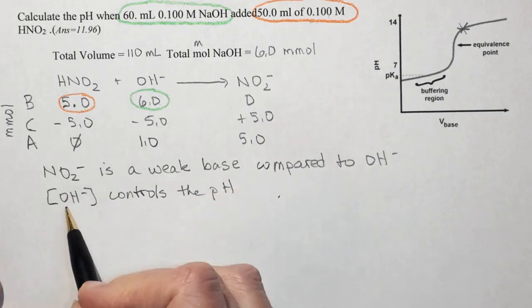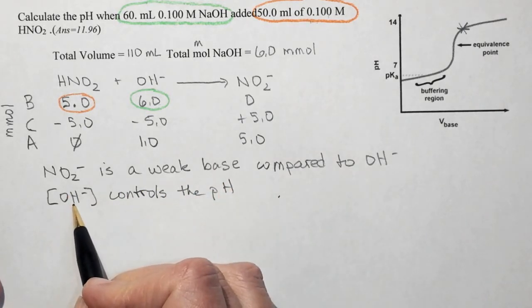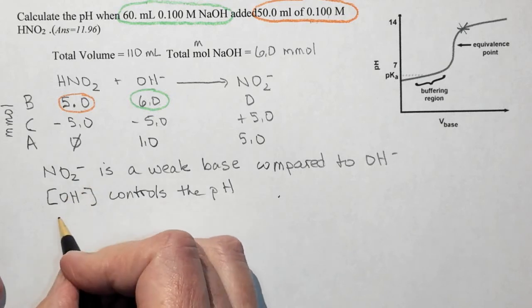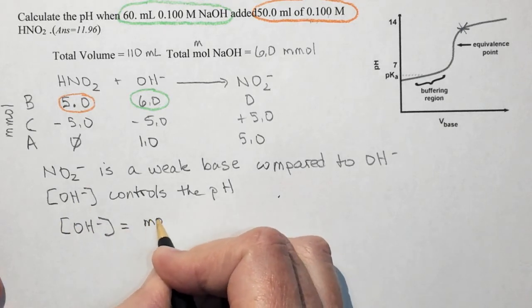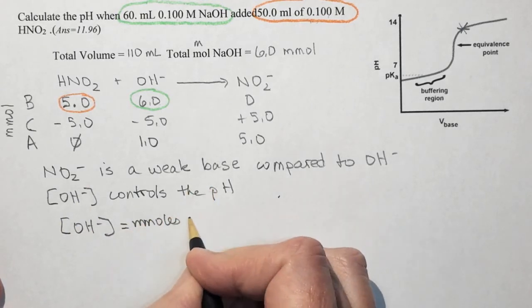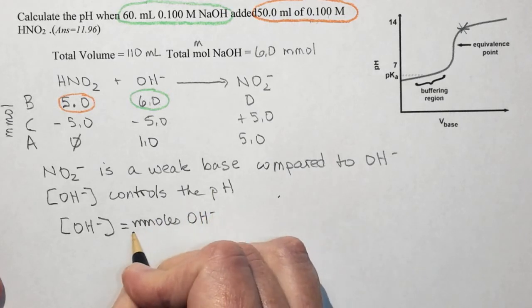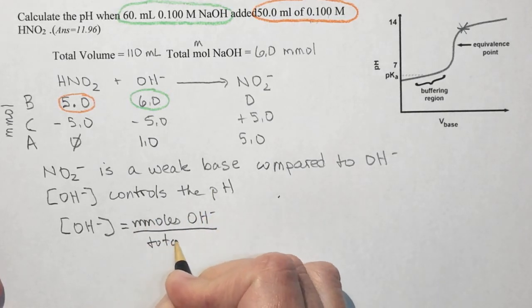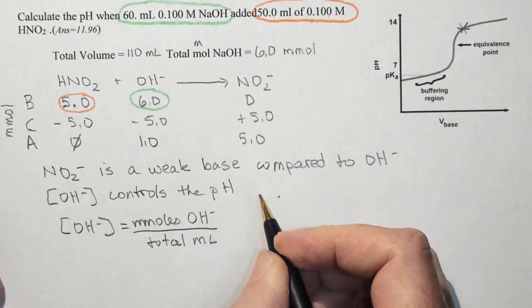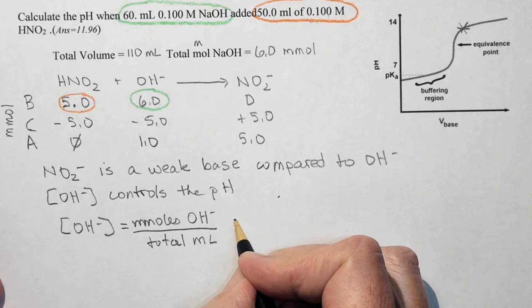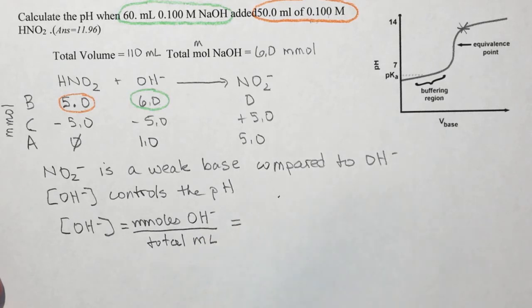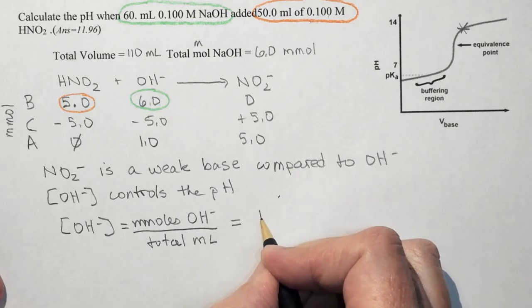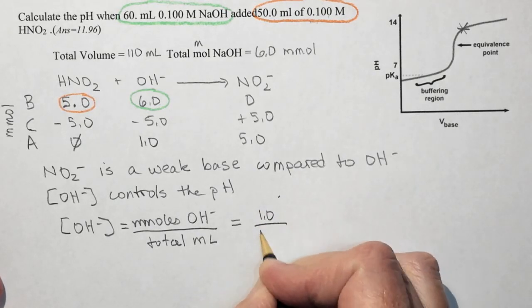Now notice that I put the brackets around the hydroxide. That means we need the molarity. So the hydroxide ion concentration is going to be equal to millimoles of hydroxide over our total mLs. And so that is going to be equal to 1.0 millimole over 110 mL.